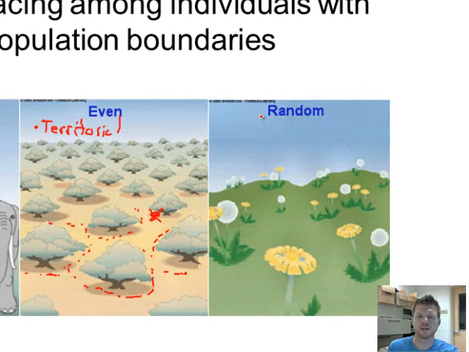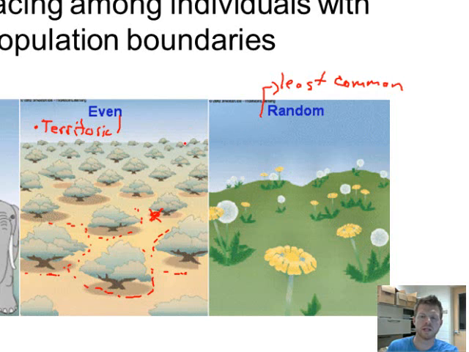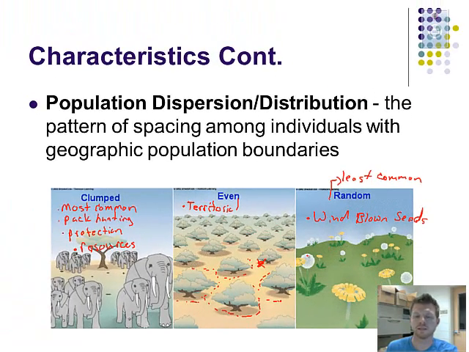And then finally here, our third, this is our least common in nature, and one of the major causes here would be wind-blown seeds. Those wind-blown seeds, as they are taken by the wind like dandelions, land anywhere.